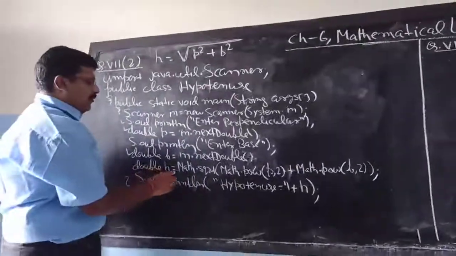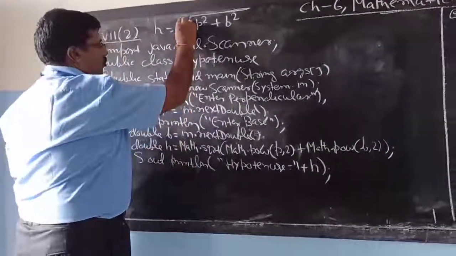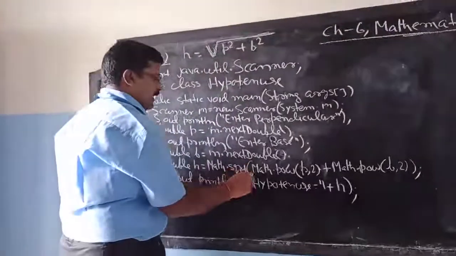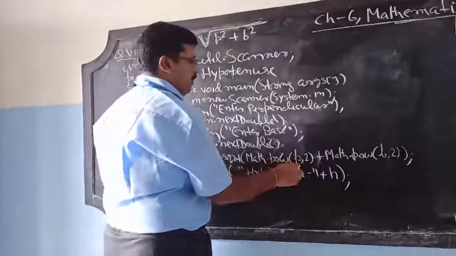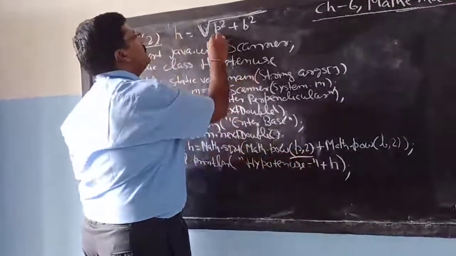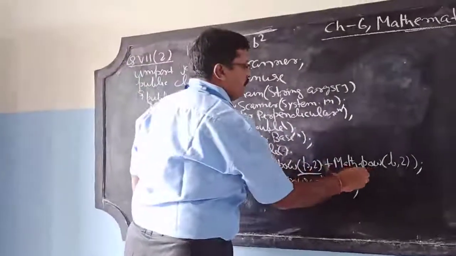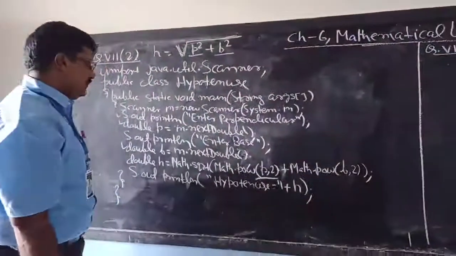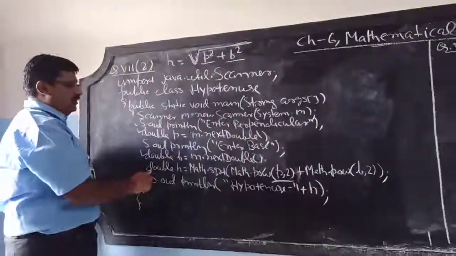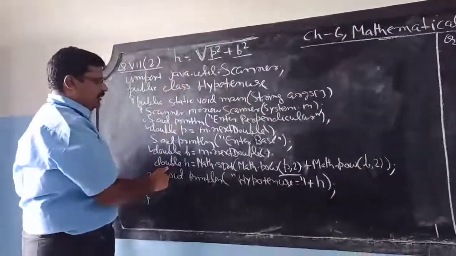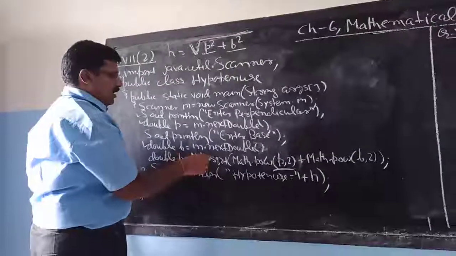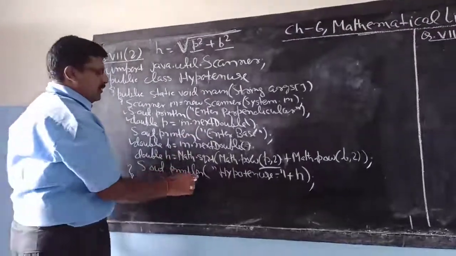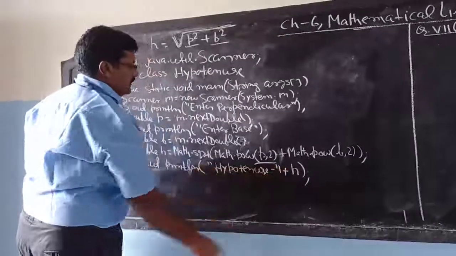So: double h equal to Math.sqrt of, in the bracket, Math.pow(p, 2) meaning p square, plus Math.pow(b, 2) meaning b square. So this mathematical formula is converted into Java. Done. Now System.out.println("Hypotenuse = " + h).